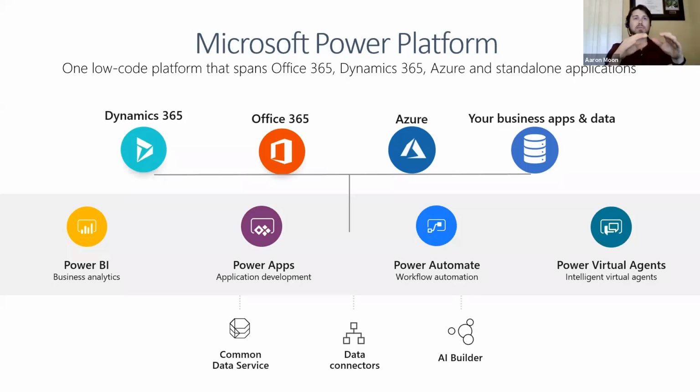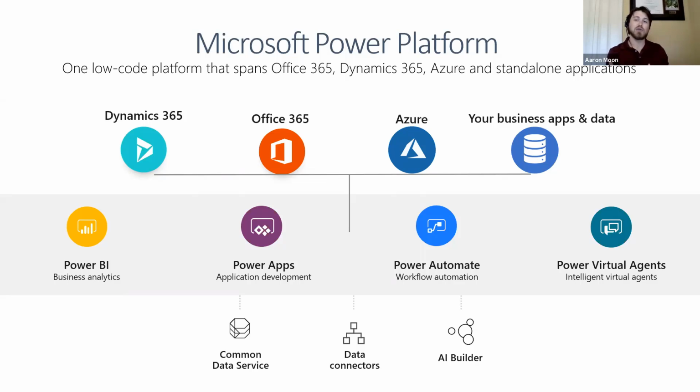When we look below that first line at Power BI, Power Apps, Power Automate, those are the 3 that we're going to be talking about today in a lot of detail. But we've got some other pieces that I'll touch on as we go. Things like virtual agents. You can think of a chat bot that pops up when you're on a website. The common data service is a place to really store data. We've got data connectors, so again, ways to connect into maybe that application that you have that's not one that I've talked about so far.